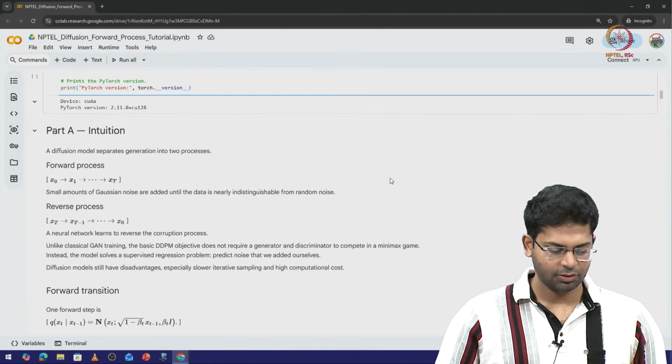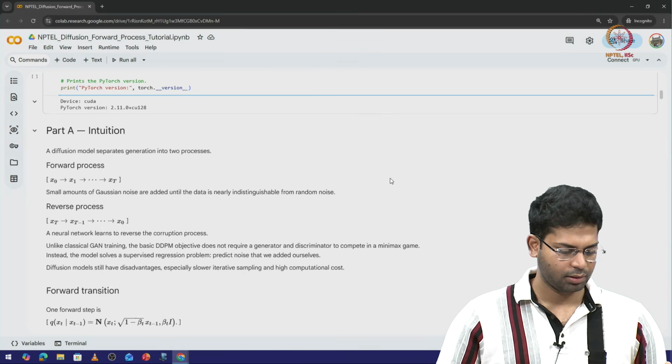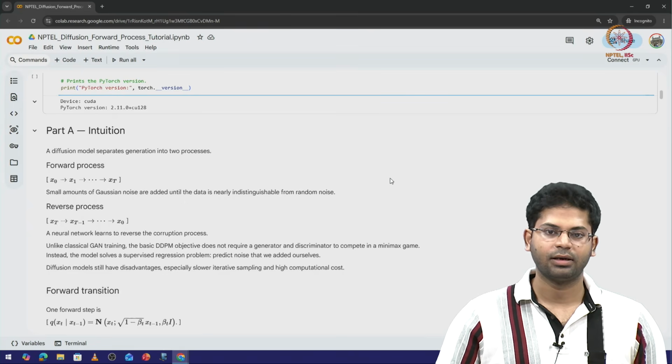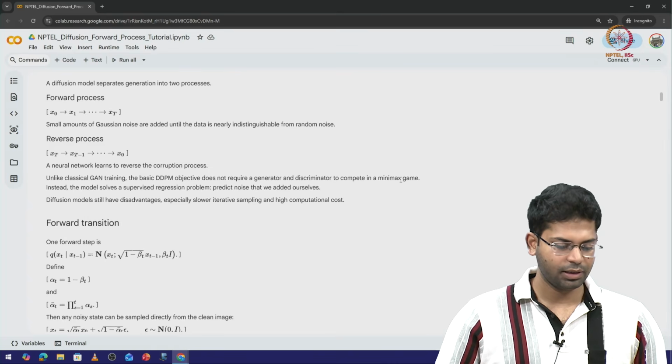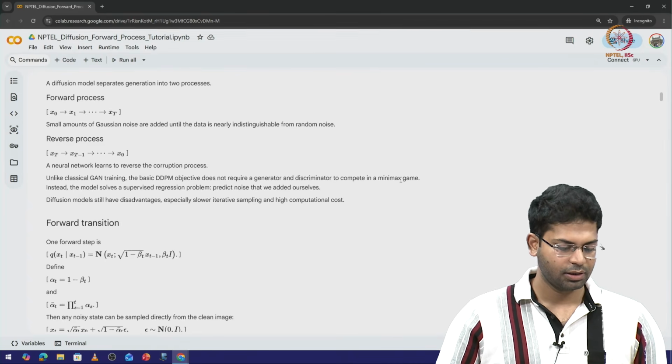Small amounts of Gaussian noise are added, and in the reverse process you intend to start with xt, which is a normalized Gaussian noise, and then you intend to come back or predict the original image, that is x0. So, a neural network is required to learn the reverse diffusion process, that is from xt to x0.